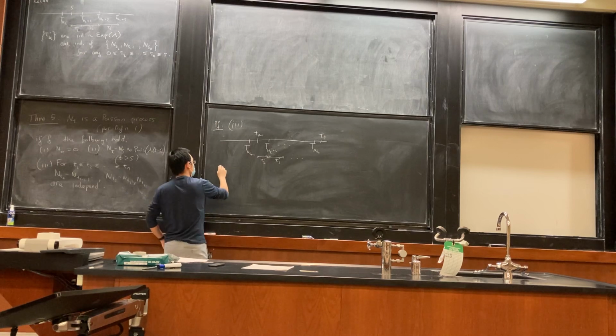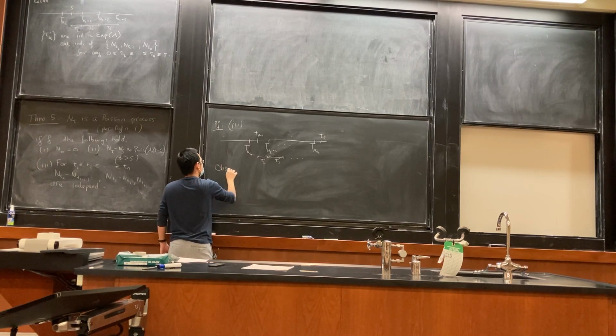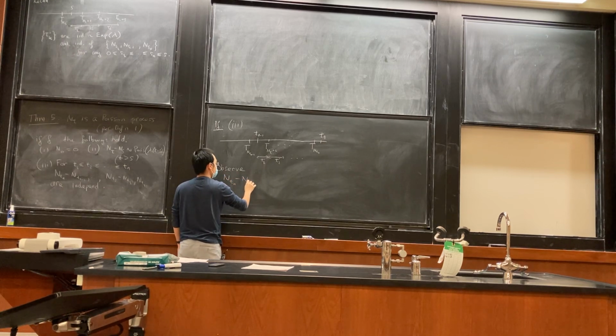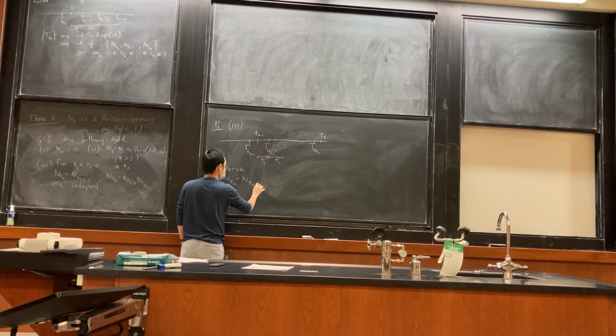So we observe a number of the guests inside of this interval running from t(n-1) up to tn.